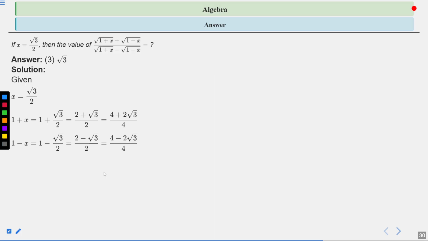Now we have the value of 1 plus x, and also the value of 1 minus x. So we will put these values in the given equation. So we get under root 4 plus 2 root 3 by 4 plus under root 4 minus 2 root 3 by 4, whole upon under root 4 plus 2 root 3 by 4 minus under root 4 minus 2 root 3 by 4.